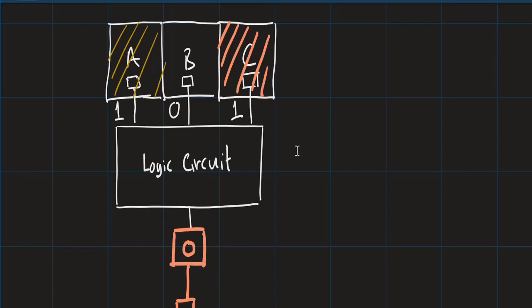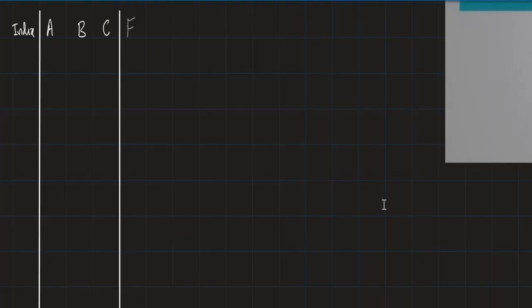So let's see now how we are going to design this circuit. In this case, you have 3 inputs and 1 output. I will call the output F in this case. And you need now to fill the table, the truth table, with all the possible inputs.